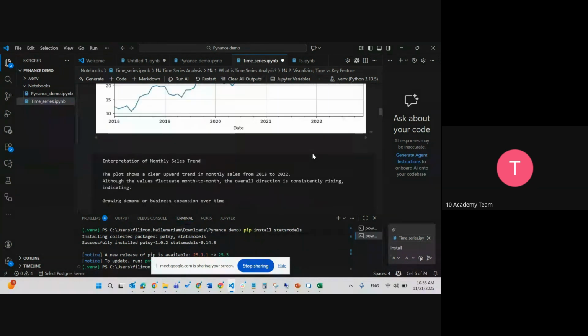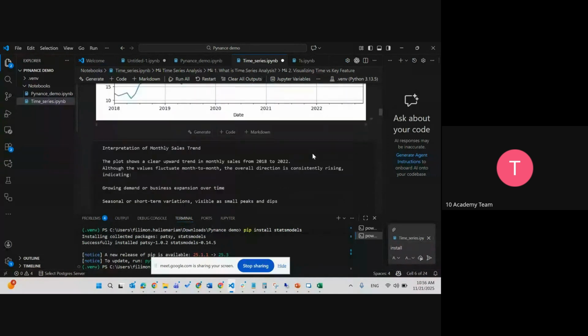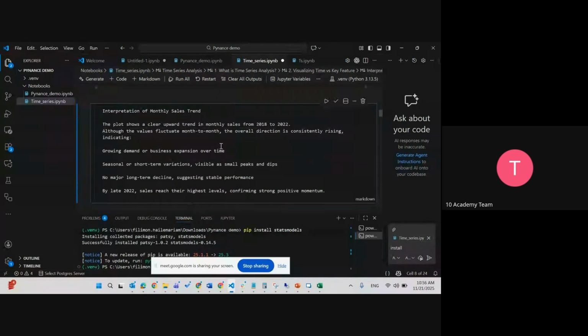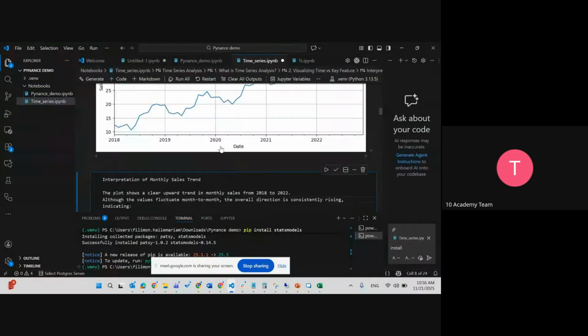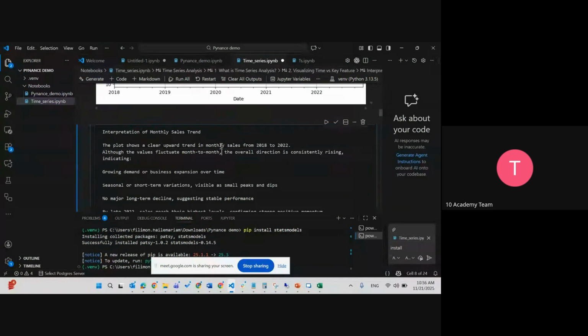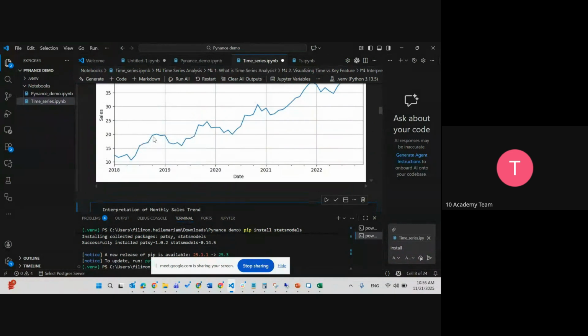So let's understand the data here. The plot shows a clear upward trend in monthly sales from 2018 to 2022. Although the value fluctuates month to month, the overall trend goes upward.